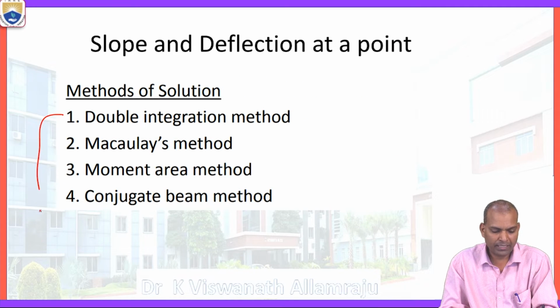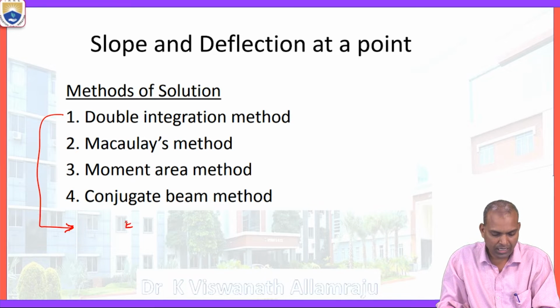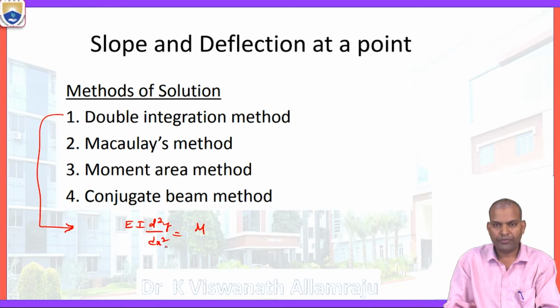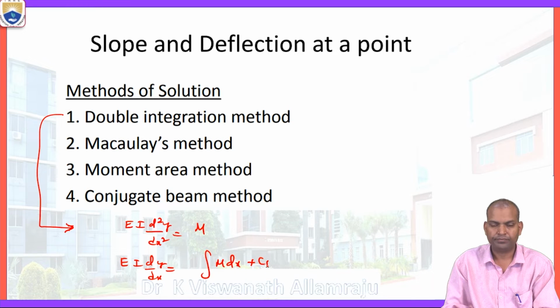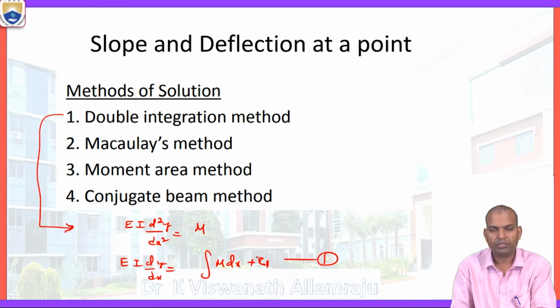We know that EI times d square y by dx square equals M. If you integrate, EI times dy by dx equals integral of M dx plus C1. This is the slope equation, provided the constant of integration C1 is known.